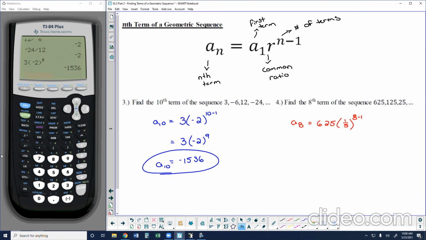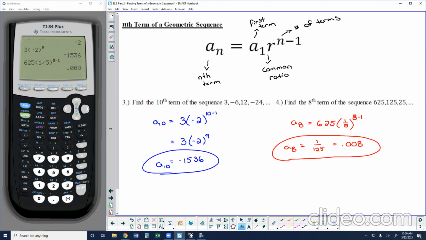I'm going to go ahead and let the calculator do the simplification there. So 625 times 1/5 to the 7th power would be 0.008, which is 1/125. Because this decimal is not rounded, it's an exact answer, so you could write this as either a fraction or a decimal.